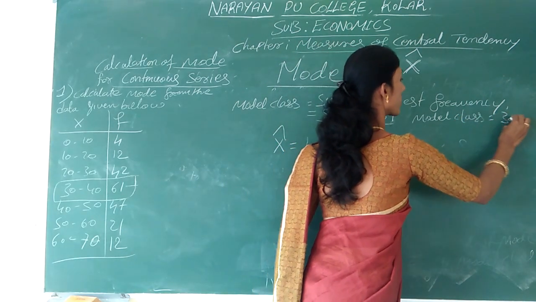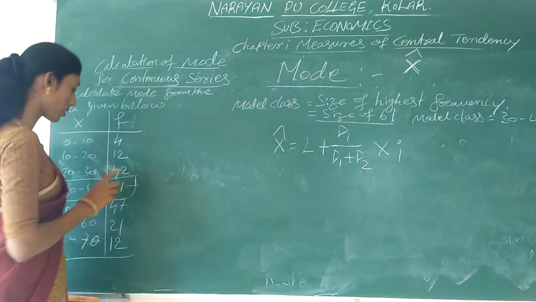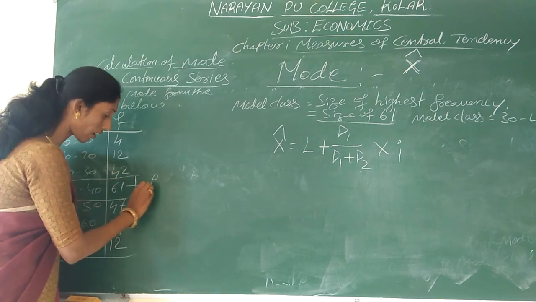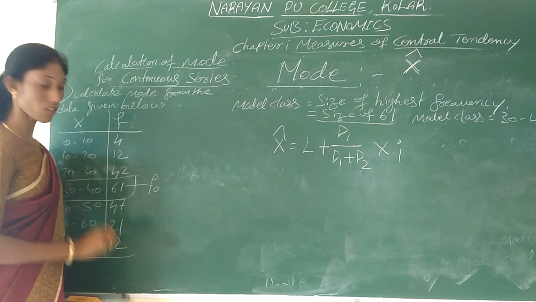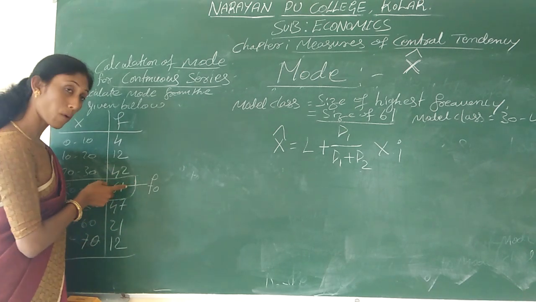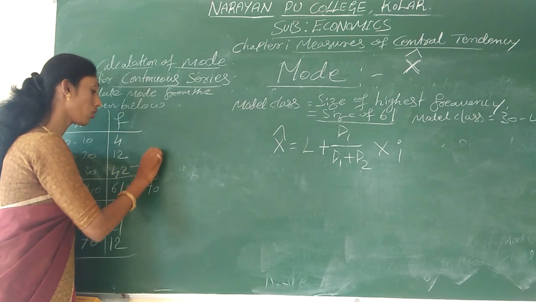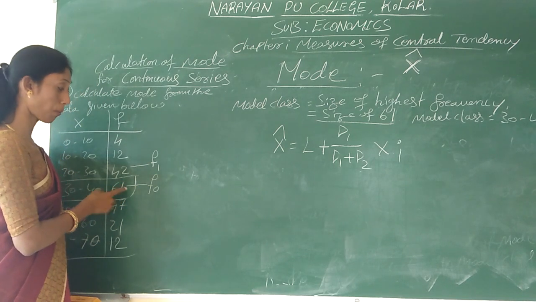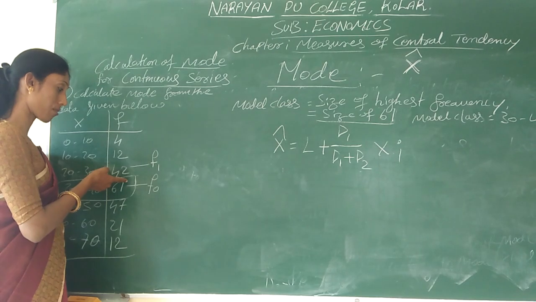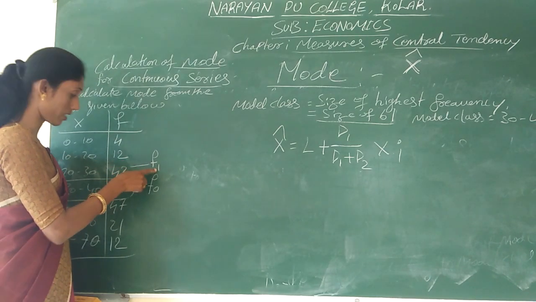Now we need to give particular symbols to these frequencies. Mode class frequency will be denoted by F0. The frequency preceding, or previous to, the mode class will be denoted by F1.